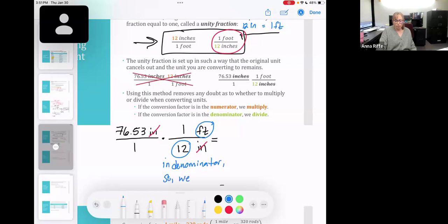So we are going to divide the 76.53 by 12. Dividing 76.53 by 12, we did earlier. It should be equal to 6.3775, or exactly equal to, not about equal to. And then our feet is the unit remaining.